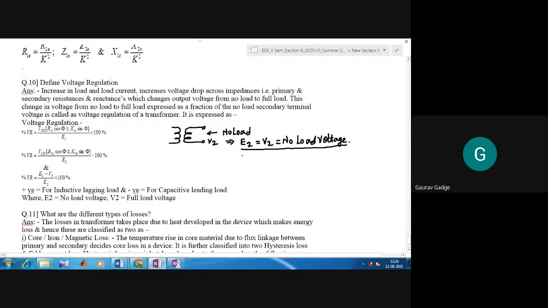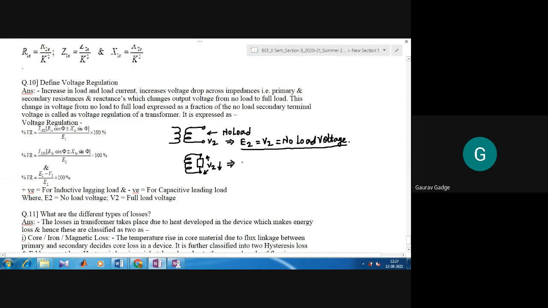Then when the load is connected to the transformer, as soon as you connect the load, the current starts passing through the circuit, but that reduces V2. Under load, the transformer reduces the value of V2.